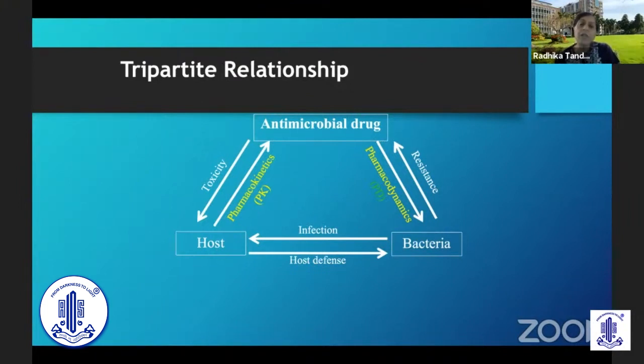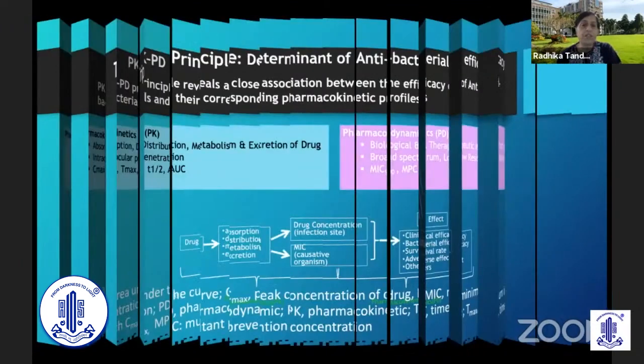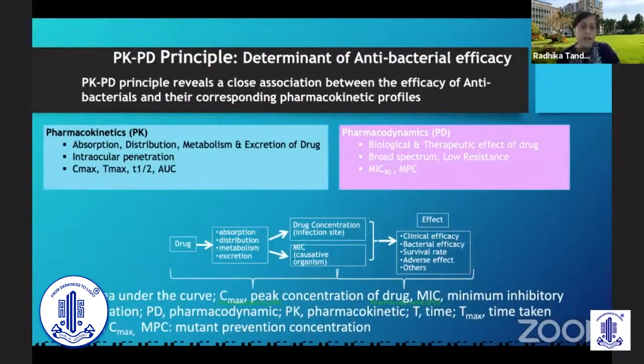And the antimicrobial agents interplay with the host. The host will be using its pharmacokinetics, the tear flow, and the way that the antibiotic is removed from the body. And the antimicrobial will affect the host by toxicity. So this is the tripartite relationship, which is very dynamic. And it will change from person to person and from organism to organism and agent to agent.